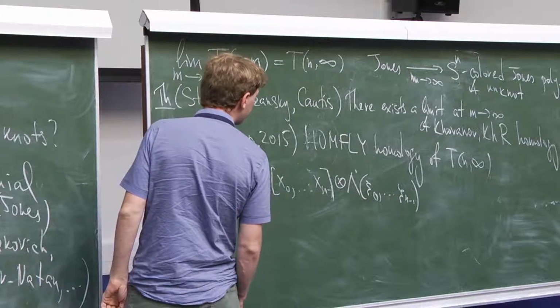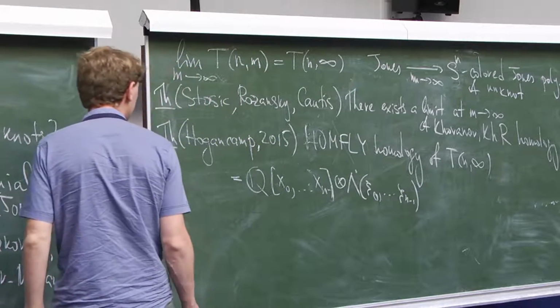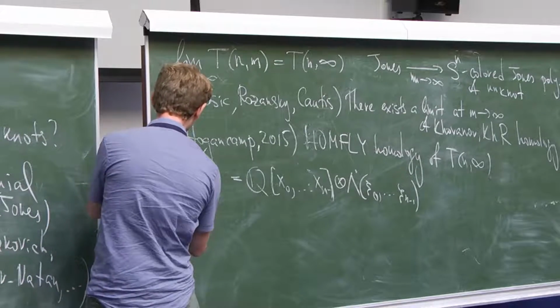Okay, so what about Khovanov homology in this limit? Let me mention some conjectures and theorems.